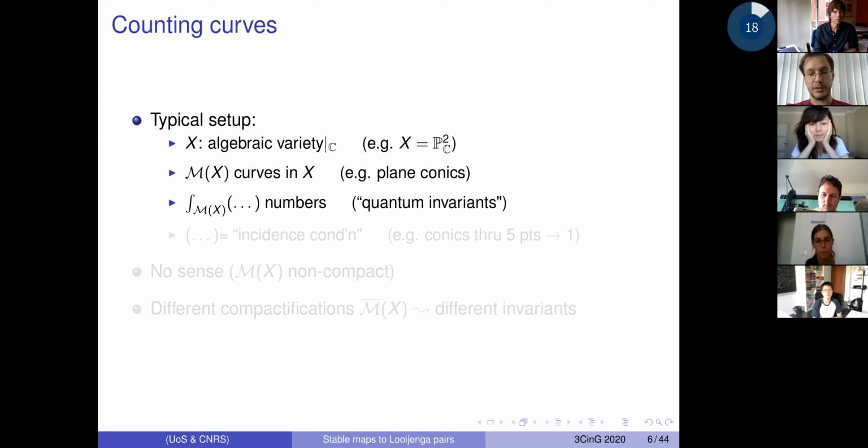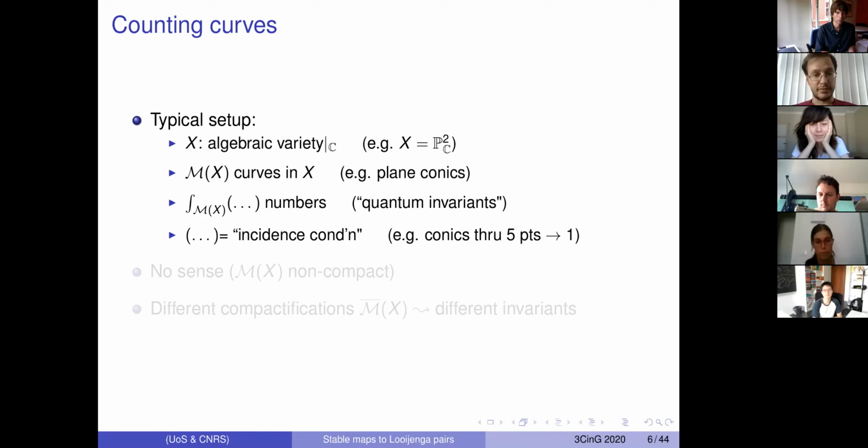Out of this moduli space, you would like to cook up some numbers by doing intersection theory, so-called quantum invariants. The classes that appear in this intersection theoretic problem represent incidence conditions in the counting problem being considered, for example, conics through 5 points, leading to an invariant equal to 1.